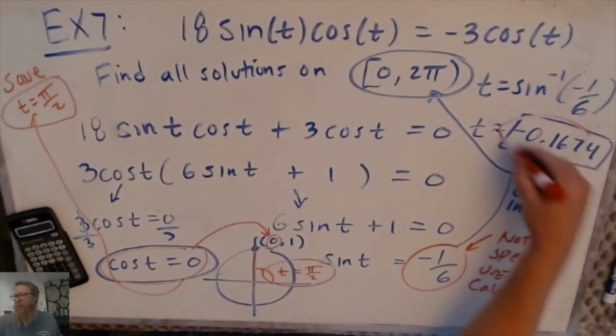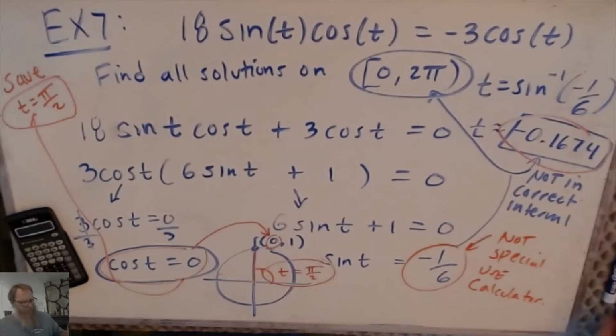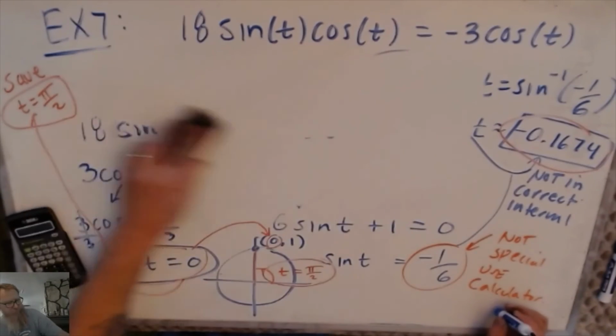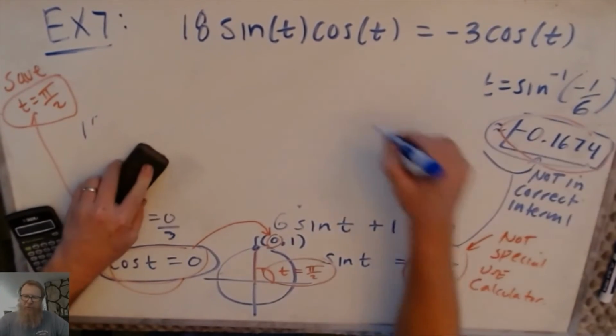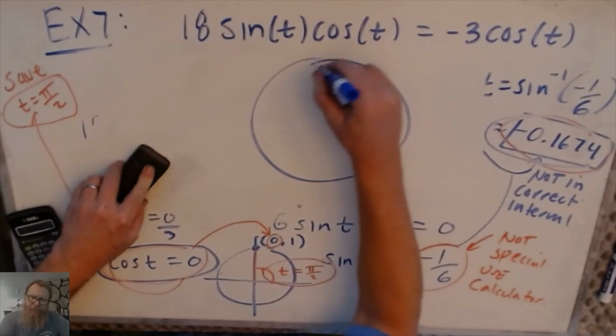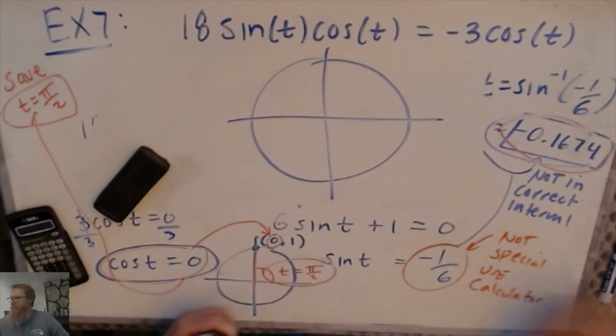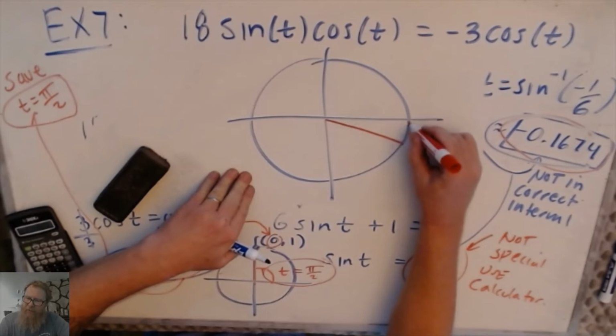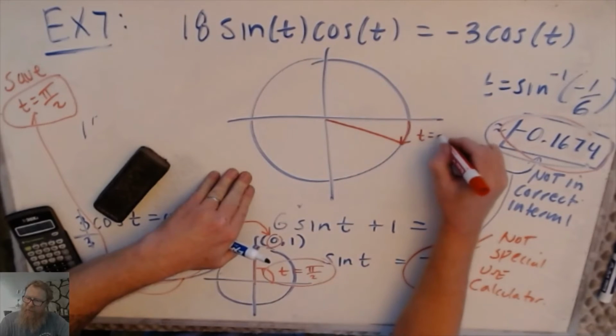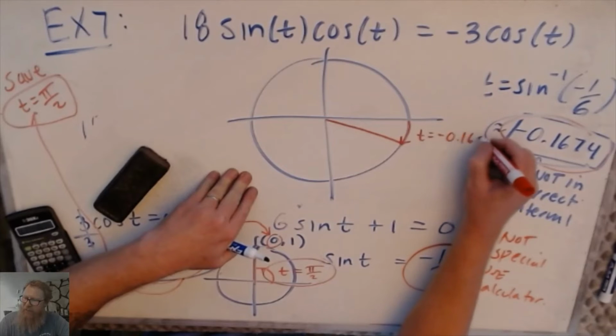And now we're going to go back and figure out the corresponding angle for sine. So let's draw a unit circle. This is our angle. It's negative 0.1674.